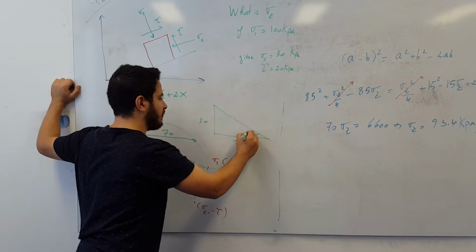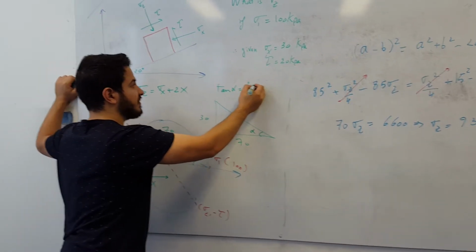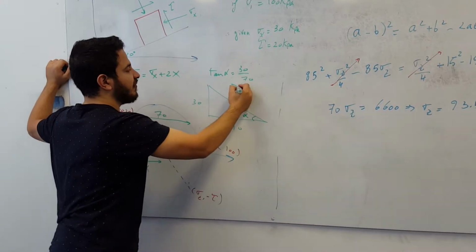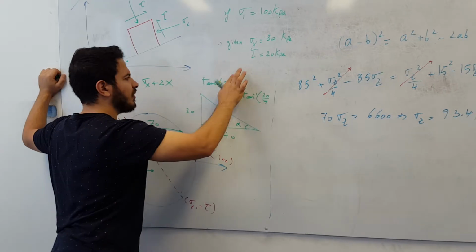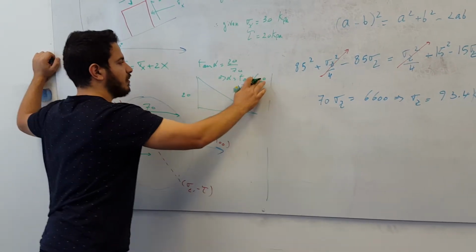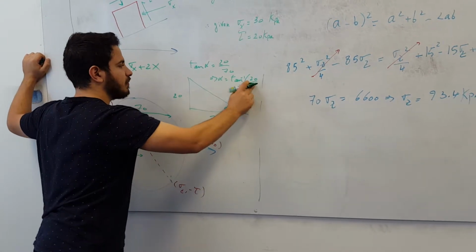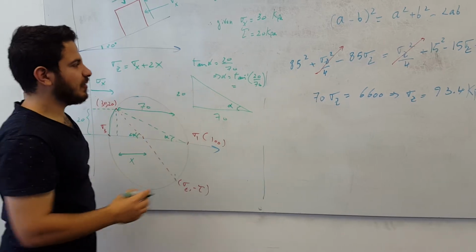So this alpha I can find: tan alpha equals 20 over 70. Therefore alpha equals inverse tan 20 over 70. Sorry, I was saying 30. Take that back, 20. Therefore alpha is equal to 16 degrees.